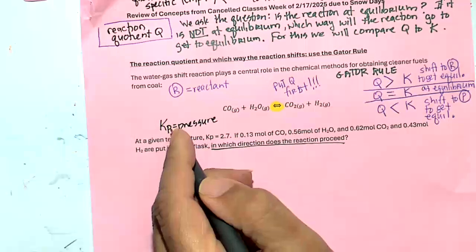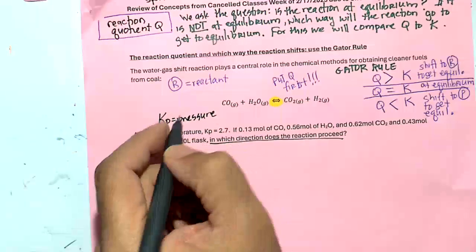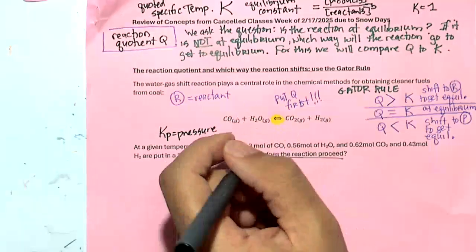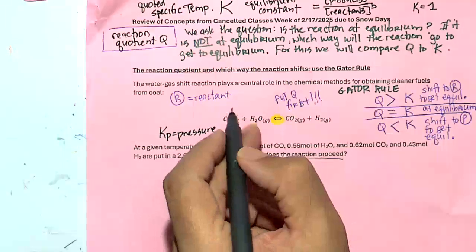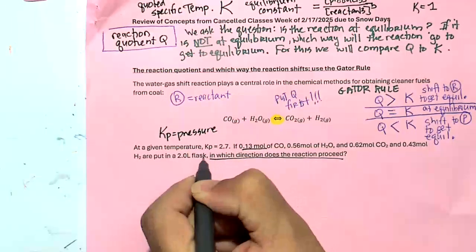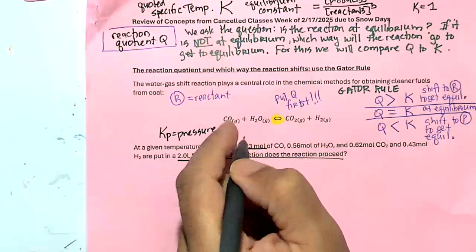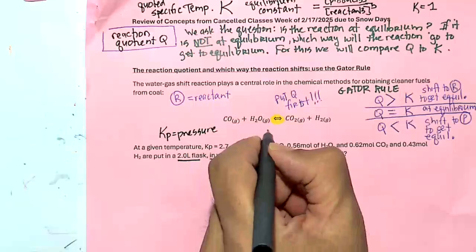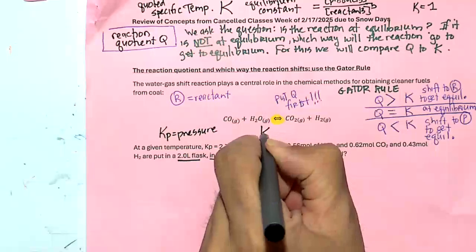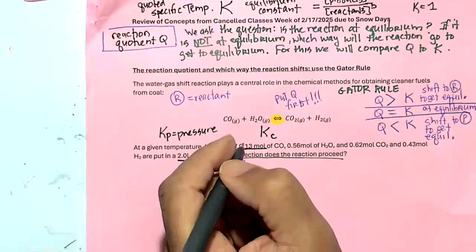Okay. So K here, the P stands for pressure, but notice here they're giving moles over liter. Everyone see that? Moles over liter is concentration. So before we do anything, let's calculate Kc.